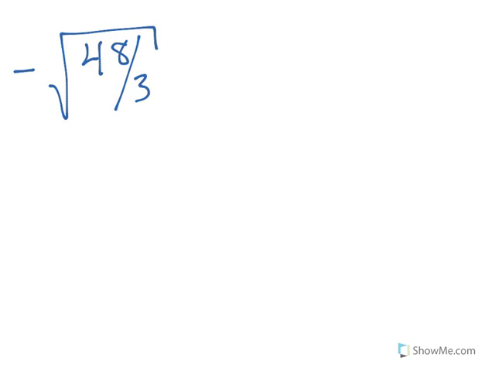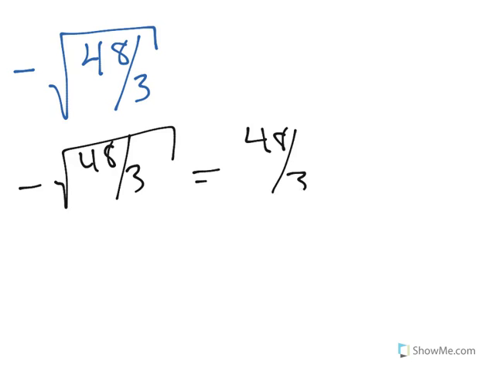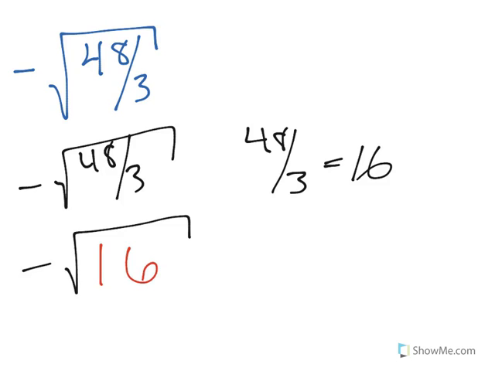Very well. Now we have negative square root of 48 over 3. 48 over 3 is actually equal to 16, so this is equal to negative square root of 16. 16 is a perfect square.